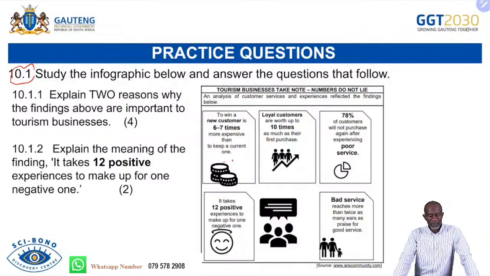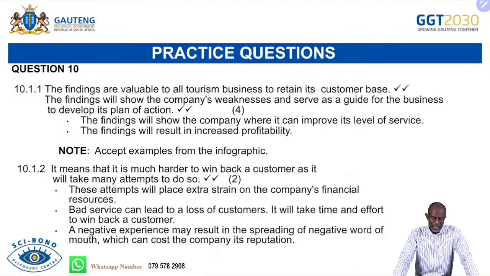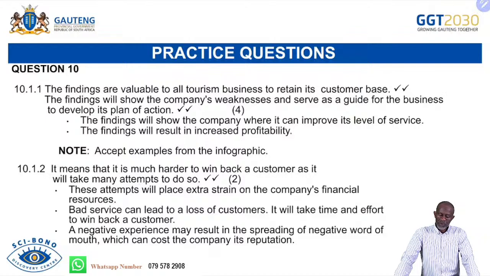10.1.2, explain the meaning of the finding. It takes 12 positive experiences to make up for 1 negative one. The answers would be: it means that it is much harder to win back a customer as it will take many attempts to do so. The attempts will place extra strain on the company's financial resources.